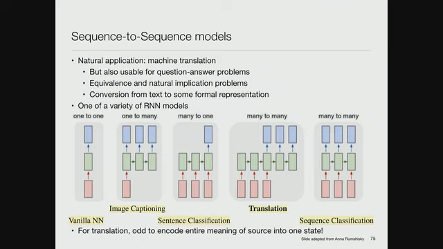Obviously, it has to be a pretty high-dimensional representation because your sentence could be about almost anything. And so it's important to be able to capture all that in this representation.